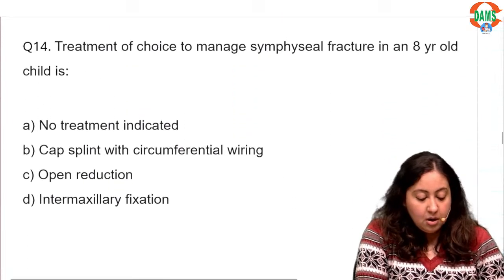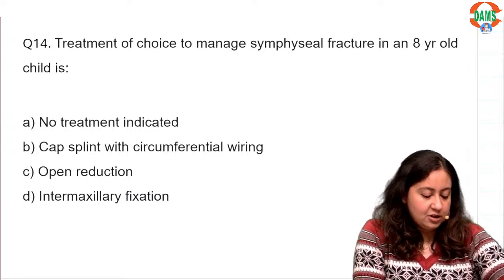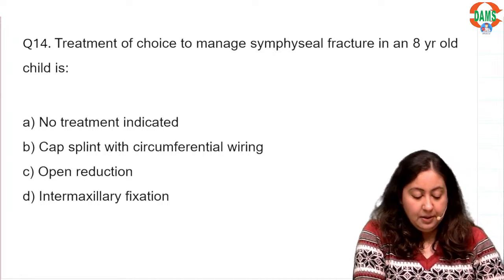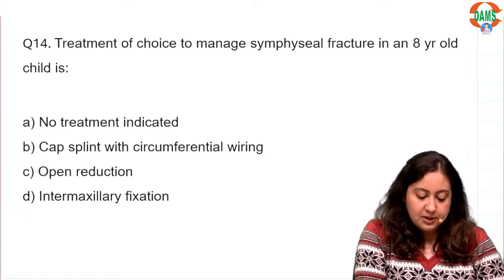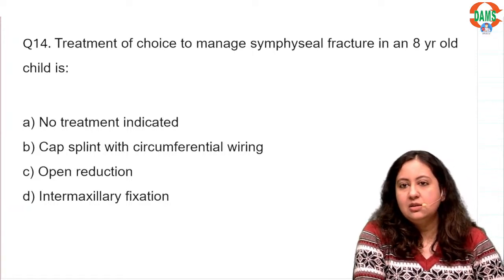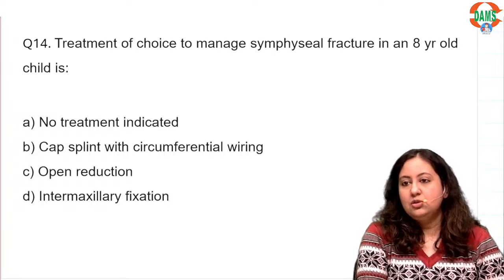Very good. Now coming to question 14, treatment of choice to manage symphyseal fracture in an 8-year-old child is no treatment indicated. That is option A. Option B is cap splint with circumferential wiring. C is open reduction and D is intermaxillary fixation. Please let me know the answers to this question.